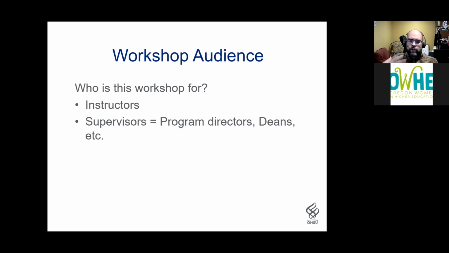If you are supervising other faculty and reviewing their evaluation response rates, this workshop really is also for you, because as a supervisor, you not only have the ability to help an individual instructor with their course evaluations, but you can also help address systemic issues of bias and racism and homophobia and misogyny in evaluations. Again, I'm going to touch more on that in a bit. But if you have this type of role, this workshop is also for you.